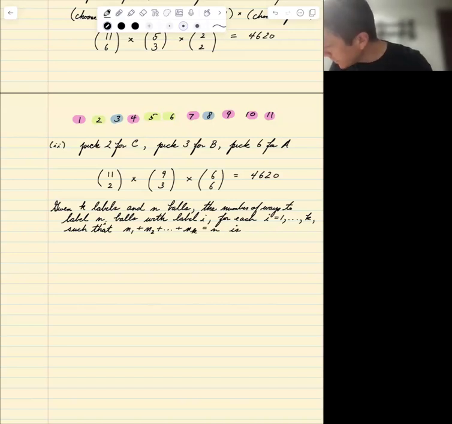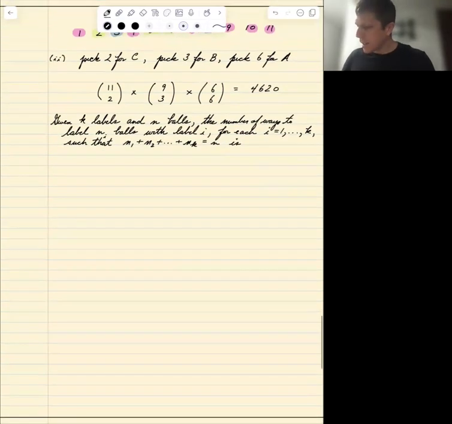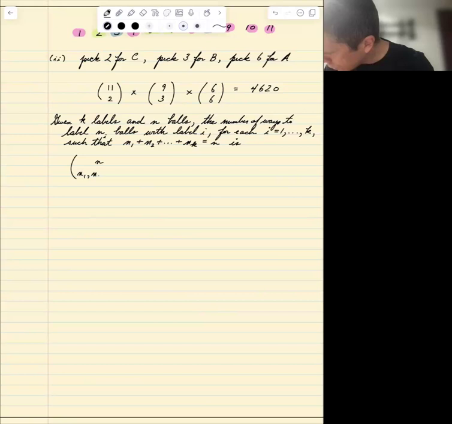What is that? Well, it's something called the multinomial coefficient. So in this case, it's going to be n choose n1, n2, up through nk.